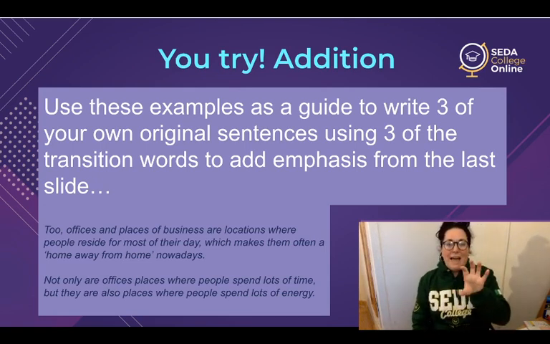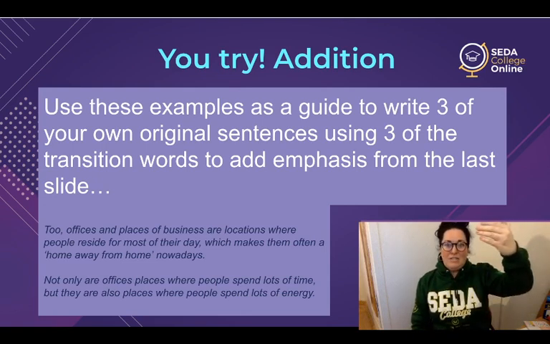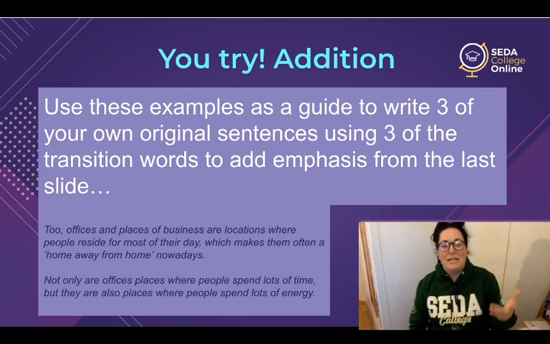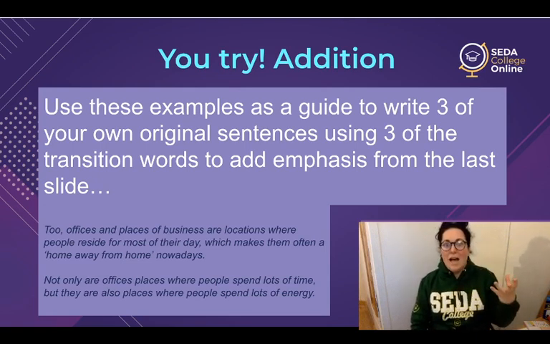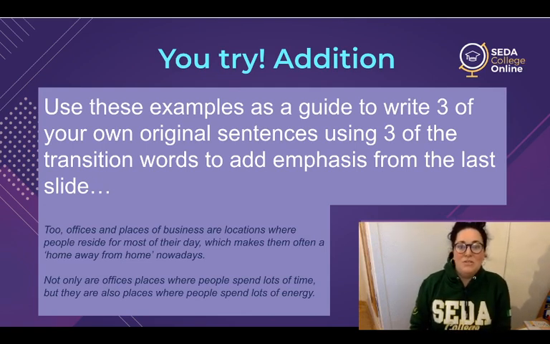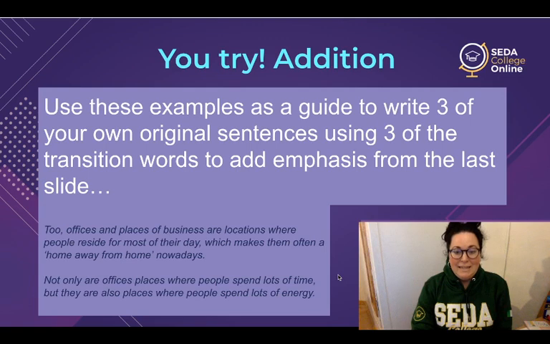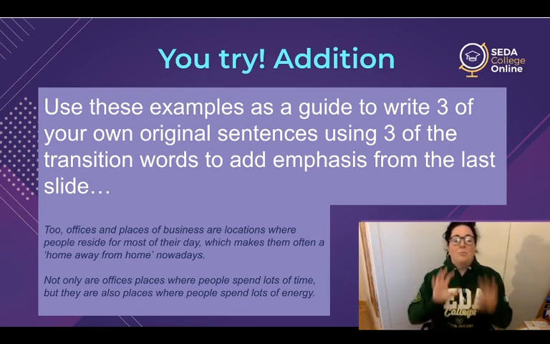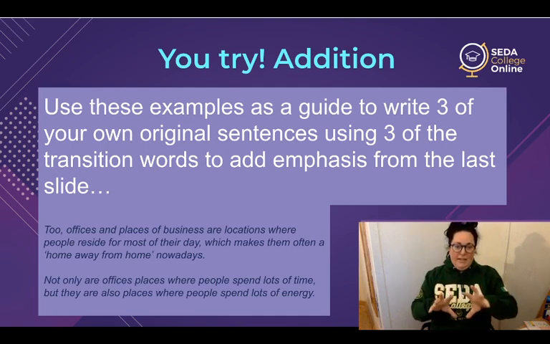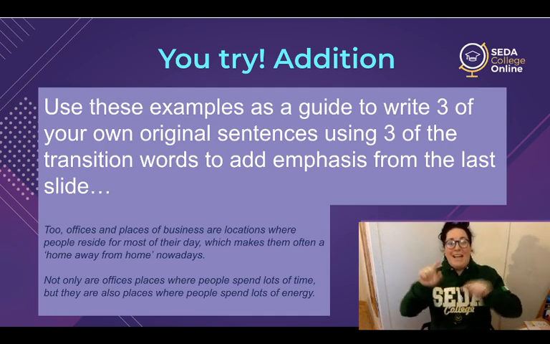So if you see that, that means the previous paragraph or sentences said something about offices and places of business and their importance in people's lives. And this next point is about how people spend most of their day there. So along the same theme about offices, we're using not only, but also, okay? So between the not only and but and also, you have to add some things in.